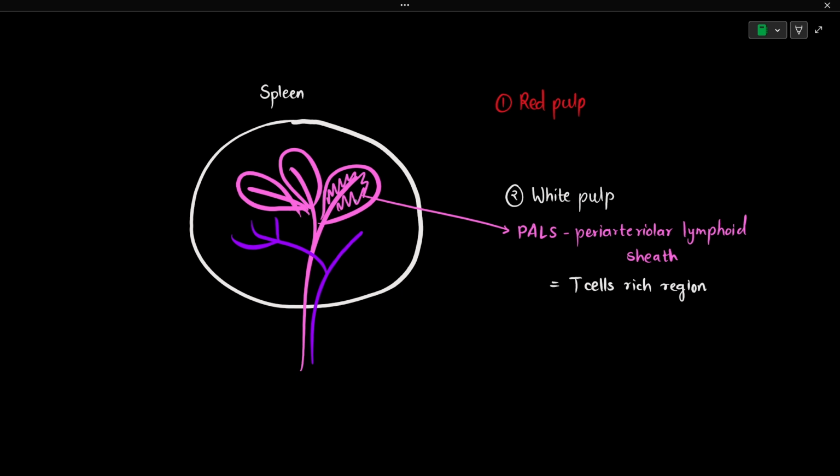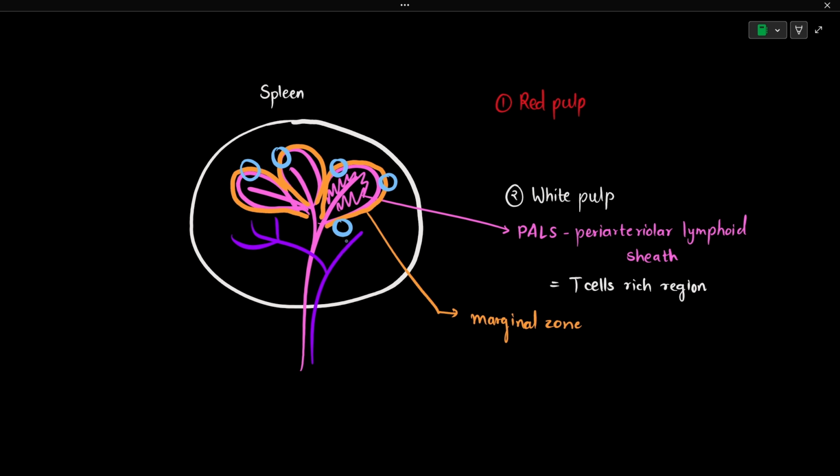Okay, so the area surrounding PALS, let me just use a different color for it. The area surrounding PALS, which I'm drawing in orange, is known as the marginal zone. And there will be follicles here and there near the marginal zone.